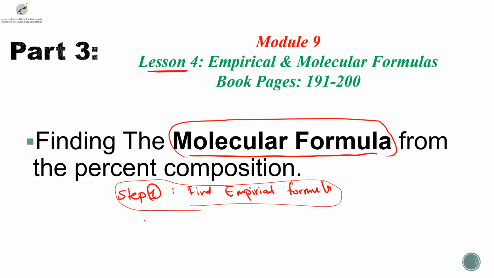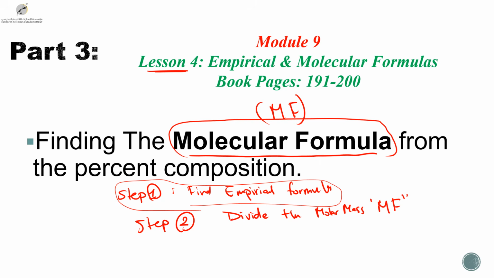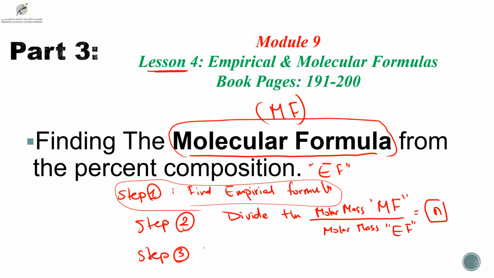And then step 2, divide the molar mass, we'll call this MF, of the molecular formula over the molar mass of the empirical formula, and you will get a number N. Now step 3, multiply the EF by N.